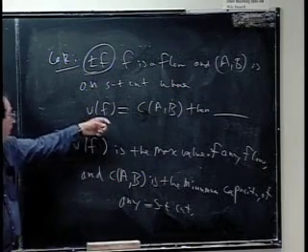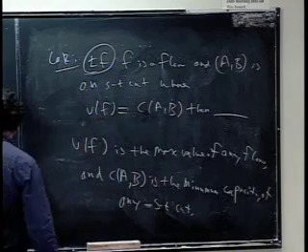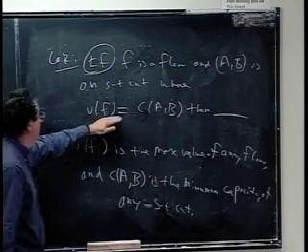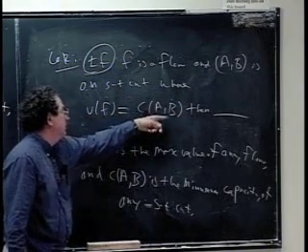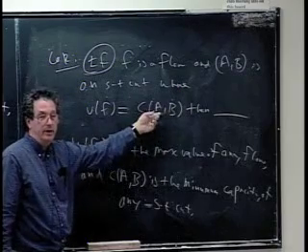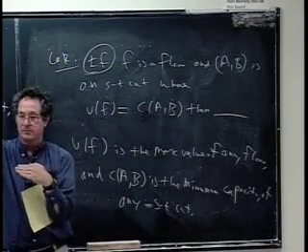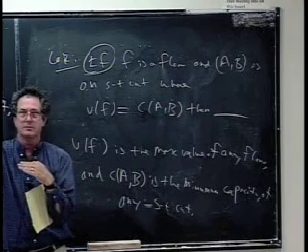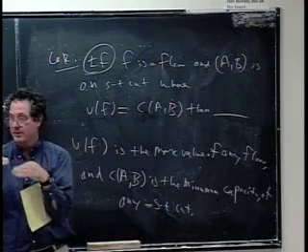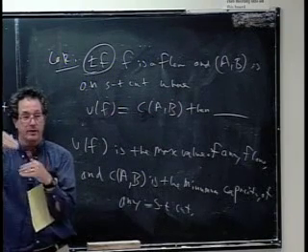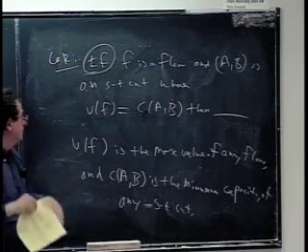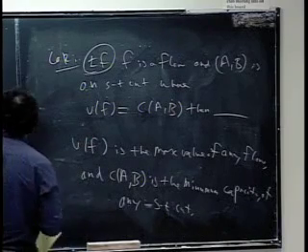Any F has, according to this, a value less than or equal to the capacity of any cut, and yet we have one in our hands now. Here's flow, here's cut. If they're equal, this must be max, this must be min over the set of all flows and cuts. Okay. So I'm running out of time.